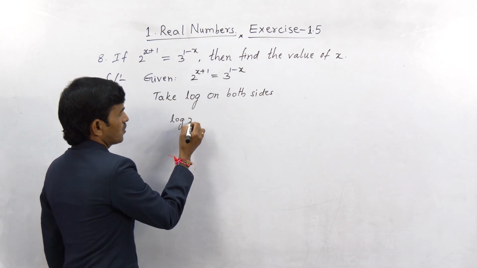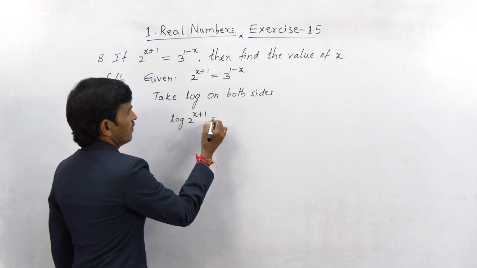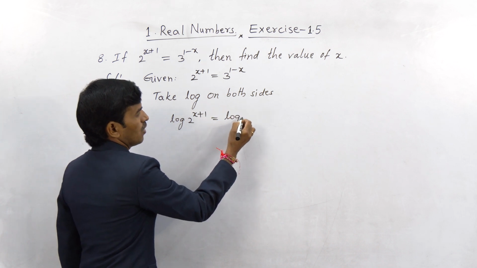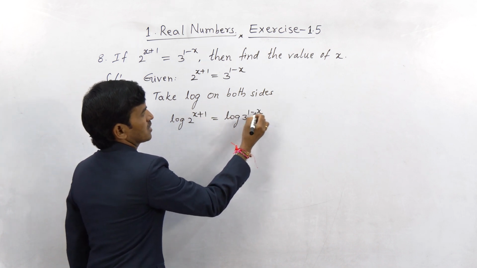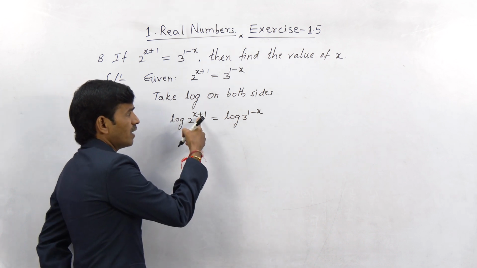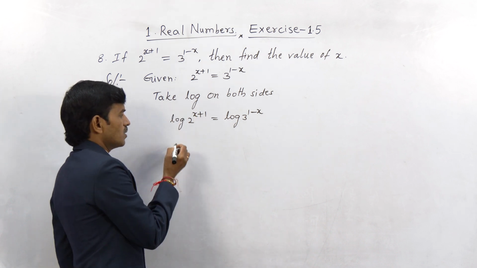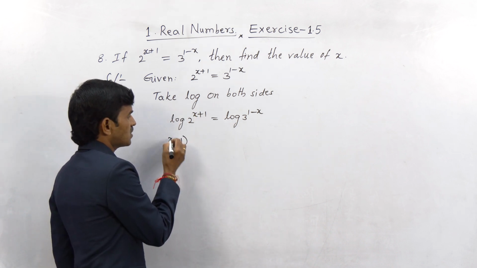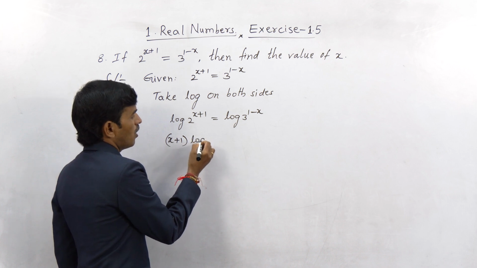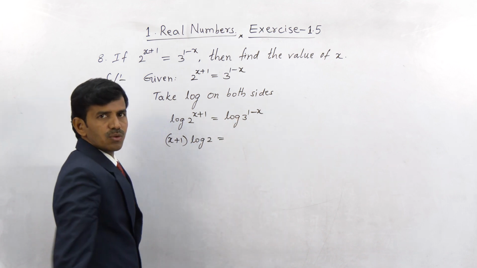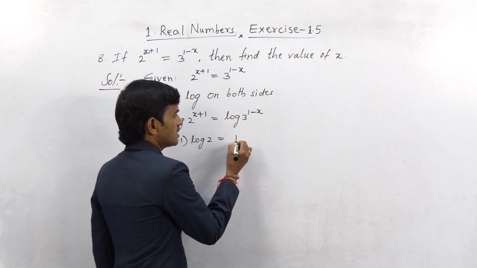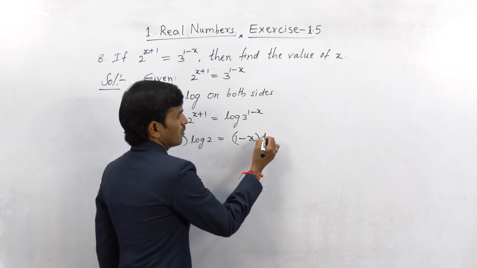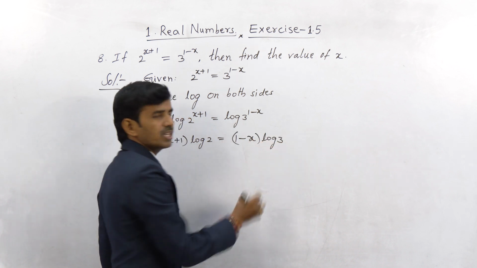Log of 2 power x plus 1 is equal to log of 3 power 1 minus x. So here whenever power is there, we can write as product, that is x plus 1 of log 2, which is equal to 1 minus x of log 3.